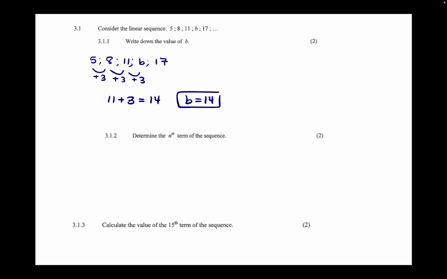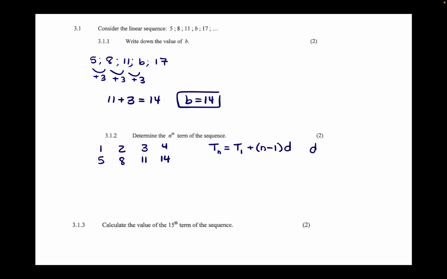Determine the nth term of the sequence. So now I really need to understand the pattern. The first term was 5, the second term was 8, the third term was 11, the fourth term was 14, and because I know it's a linear sequence, I do know that we can say that the nth term will be the first term, and then we have to multiply that difference by n minus 1.